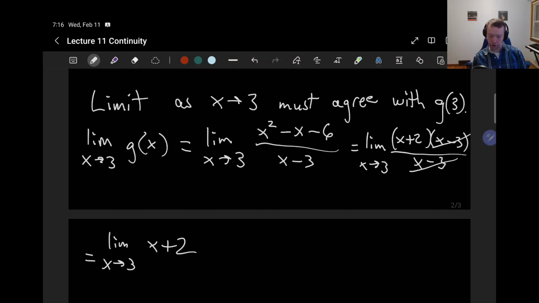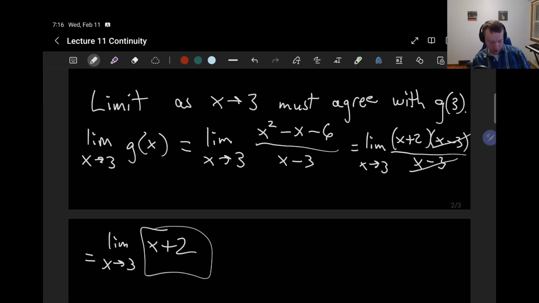Remember, we saw a little bit ago, this is almost equal to the expression we had before. It's just that you're missing that point when x is 3. Technically, you have a hole there, but I can say that these are equal because we're talking about limits. So the limit is still the same.